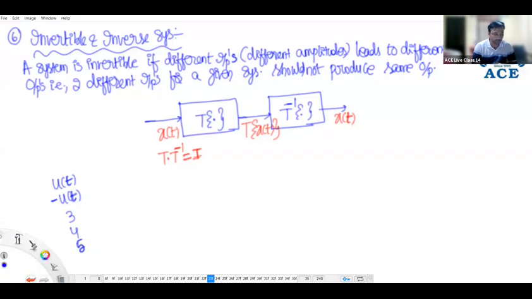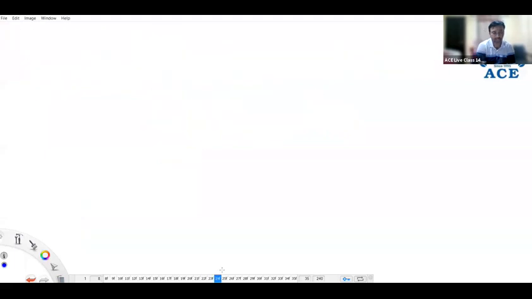Okay, let us discuss a few examples here. y(t) equals x square (t). Is it invertible or non-invertible? What happens if you apply input as u(t) or minus u(t)?